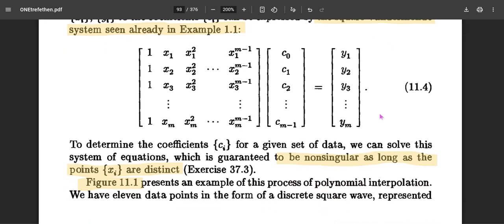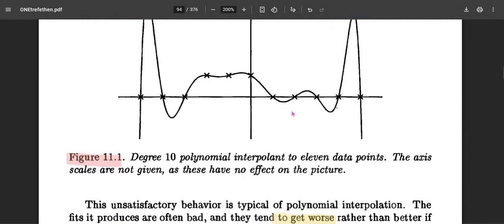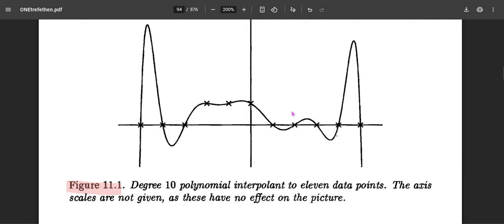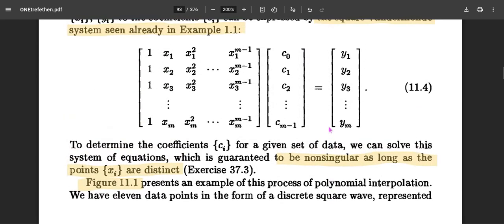When solving this, we are trying to find the coefficients c0 to c(m minus 1), and this is represented in figure 11.1. So for m data points we have an mth order polynomial which passes through all these data points. But one of the problems is that this system is highly ill conditioned.